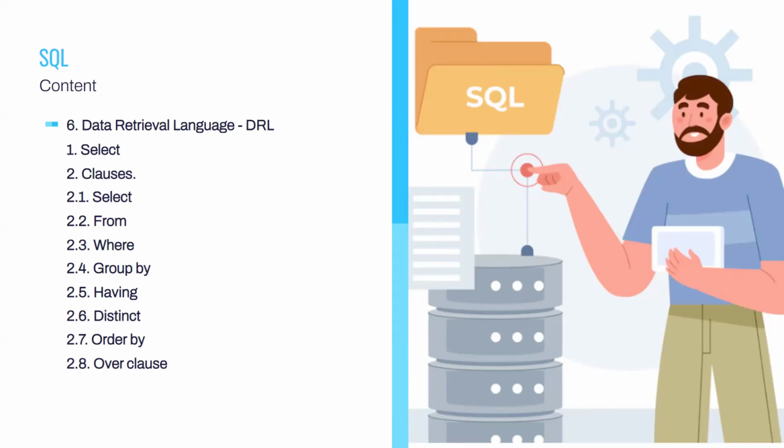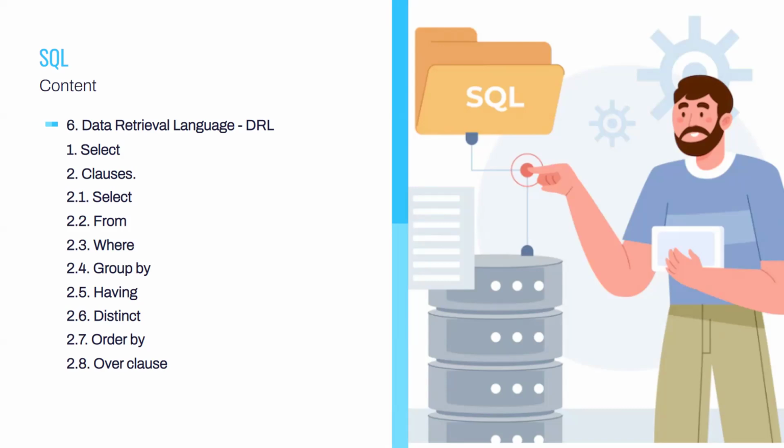To select the data, we have many ways, based on our requirement. We have some basic operations, so to view the data there are some clauses. We have the select clause to select the data, the from clause to specify the source of the data, and the where clause to filter the data.